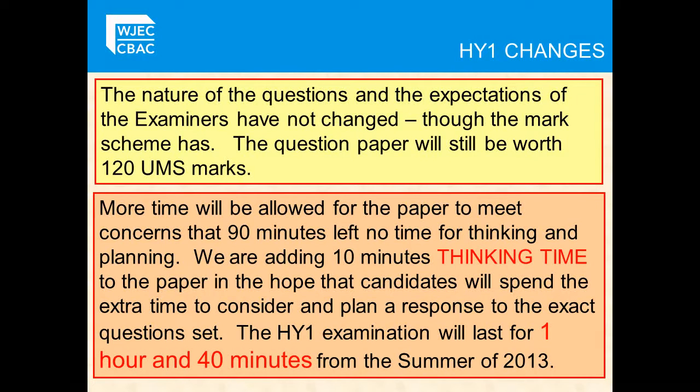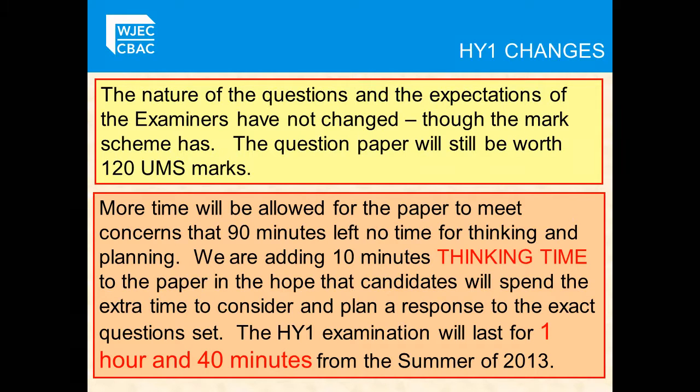Centres can be reassured that the expectations of what the candidates need to do in the examination are as high as ever and no different from the demands in 2012 or earlier. It should also be noted that the requirement to answer 2 questions in the examination remains.